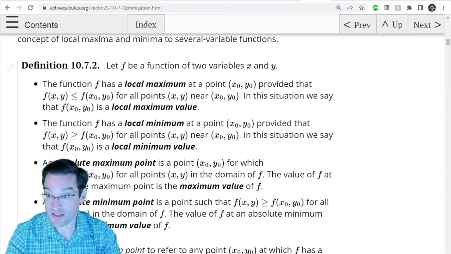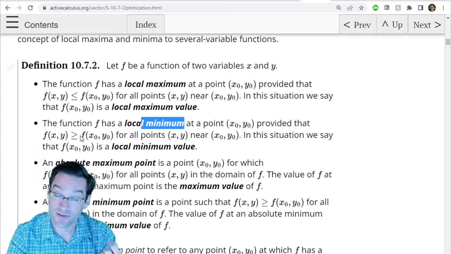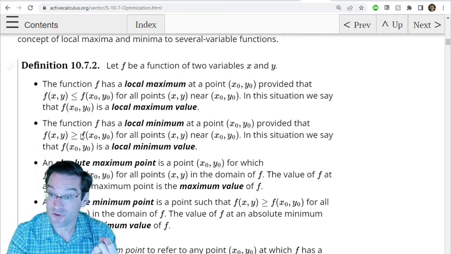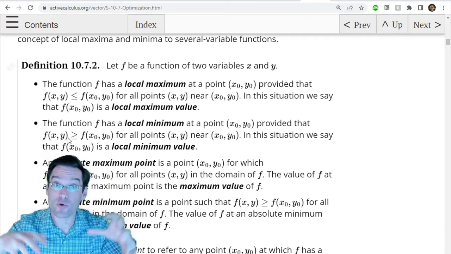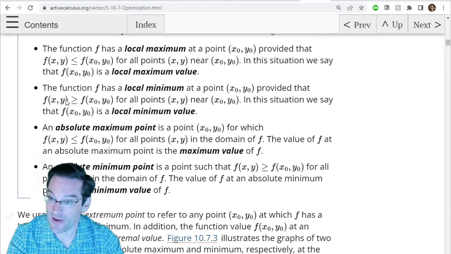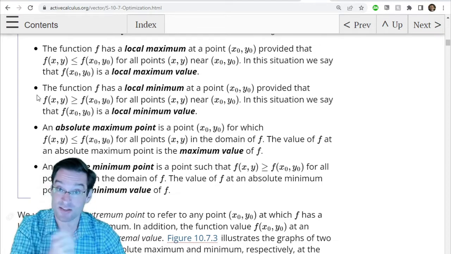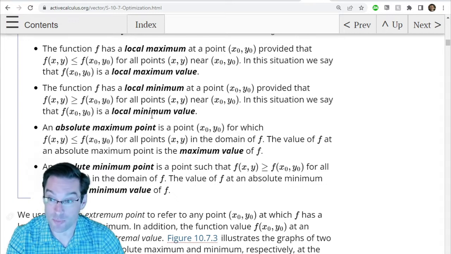So first, just to get definitions down, right? A function has a local minimum if the value of the function at that point is less than or equal to the value of the function at every point surrounding it. So if my function's value at a point is less than or equal to the value of all the points that are in some nearby disk of xy values around it, then we call that point a local minimum.